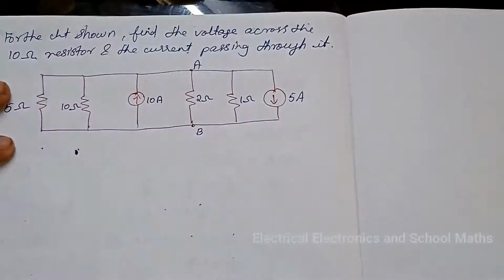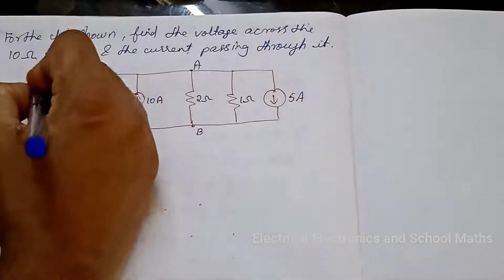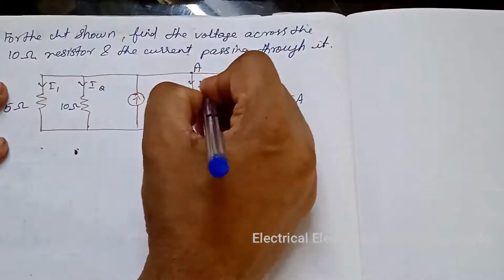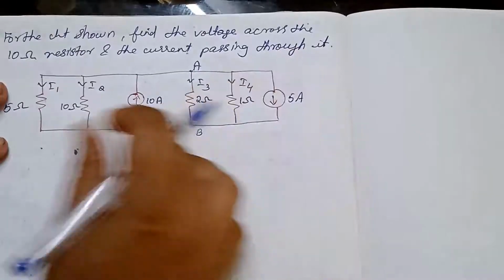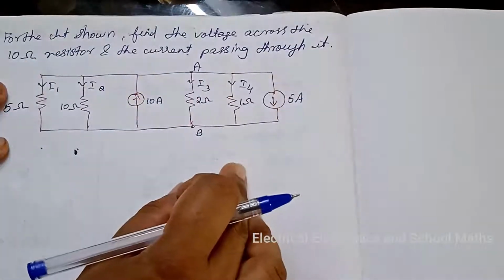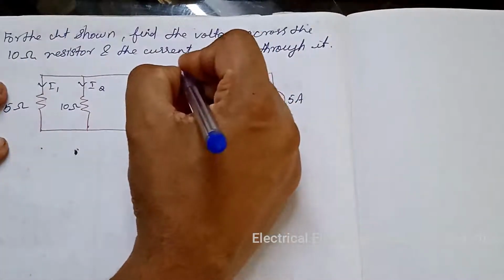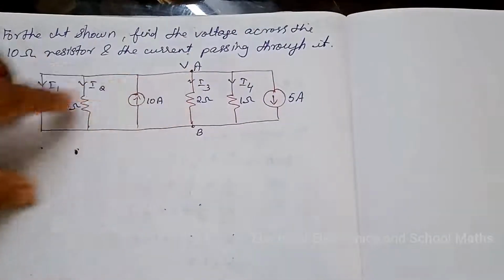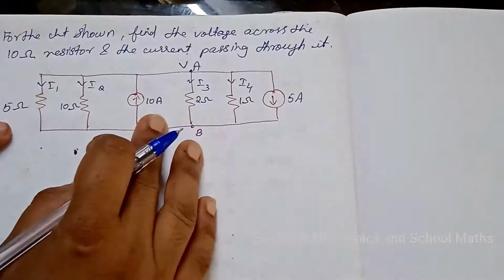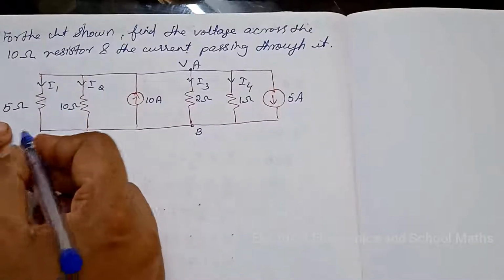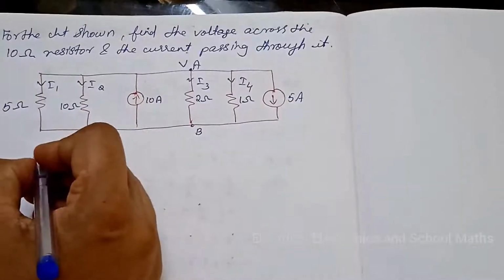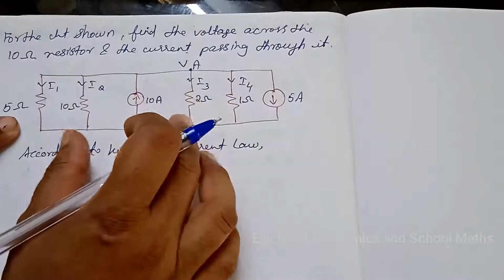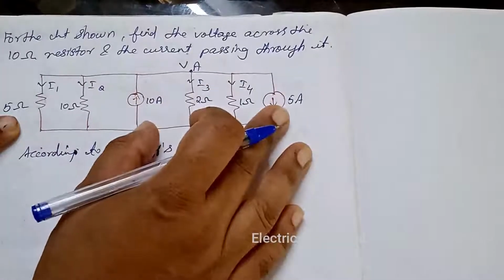Let I1, I2, I3 and I4 be the current flowing through the resistors, and let V be the voltage at node A. According to Kirchhoff's current law, the sum of incoming current is equal to the sum of outgoing currents.